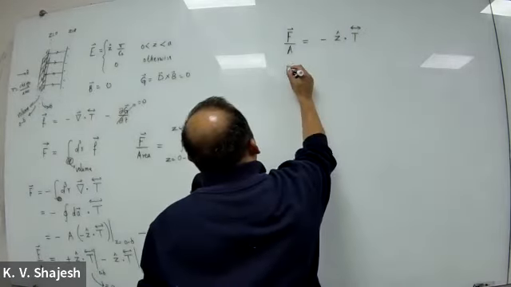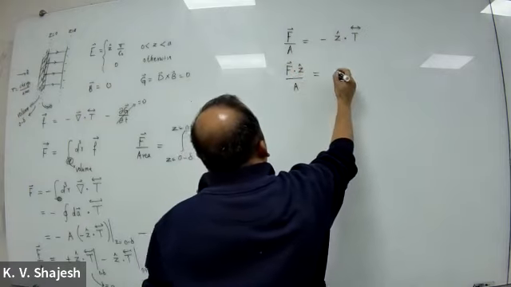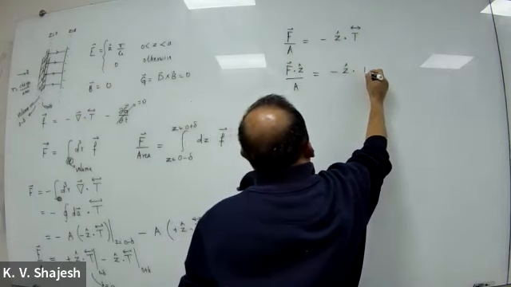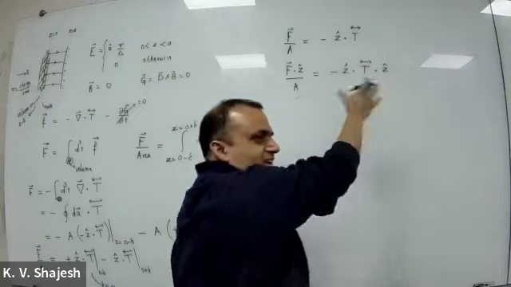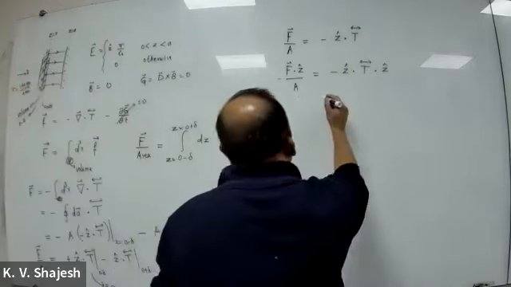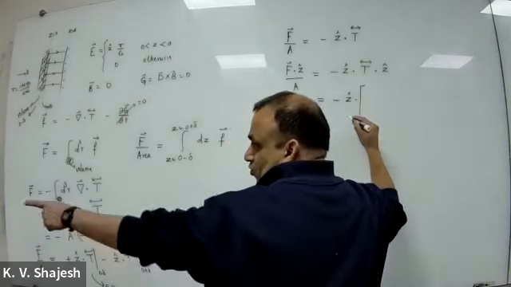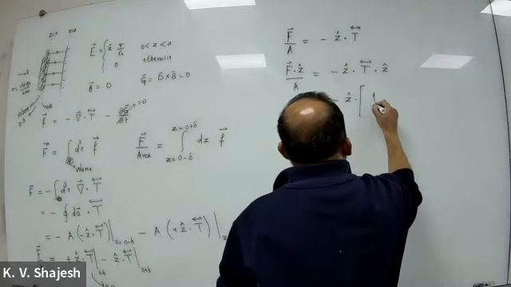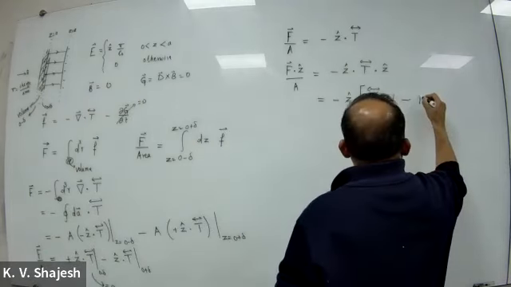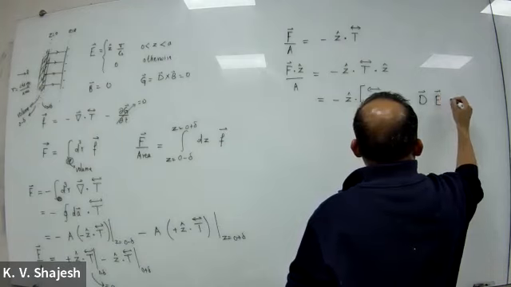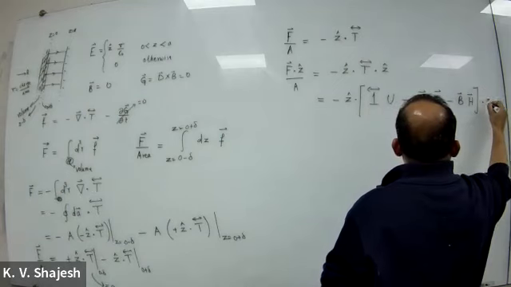Let me take the z component just for simplification. The z component of the force is equal to minus z hat dotted with T. Remember, these are two indices, right? So I can take the dot product on both sides. And now you just put this in. z hat dotted with T was equal to 1 times u minus D times E and minus B times H dotted with z hat.